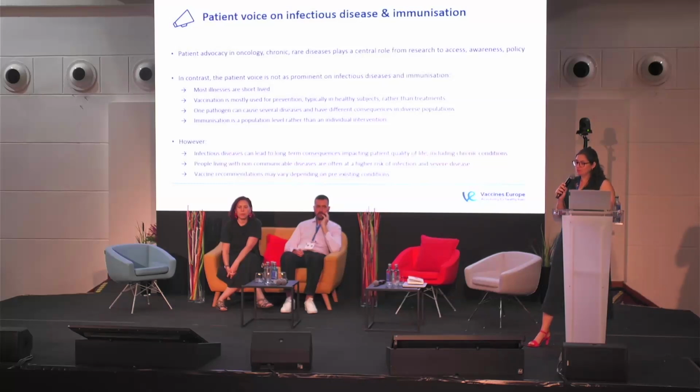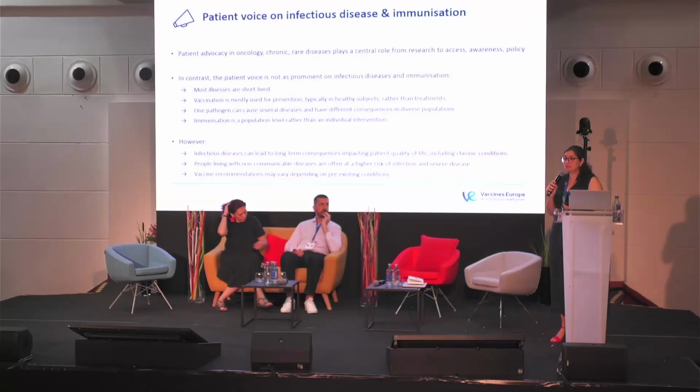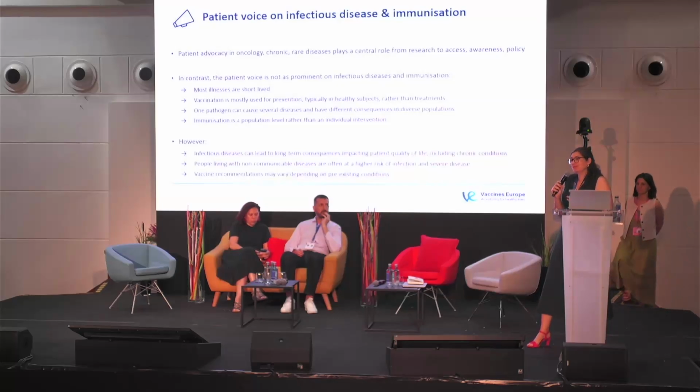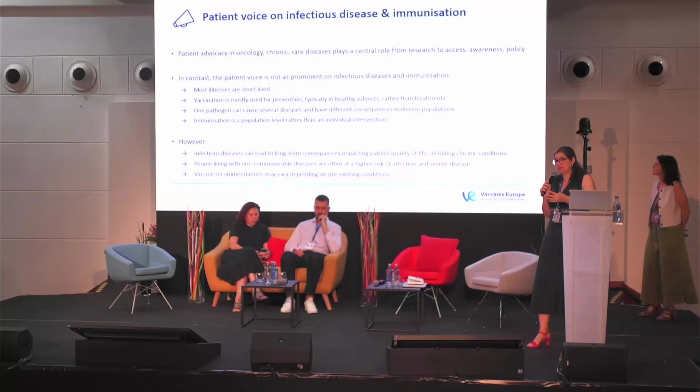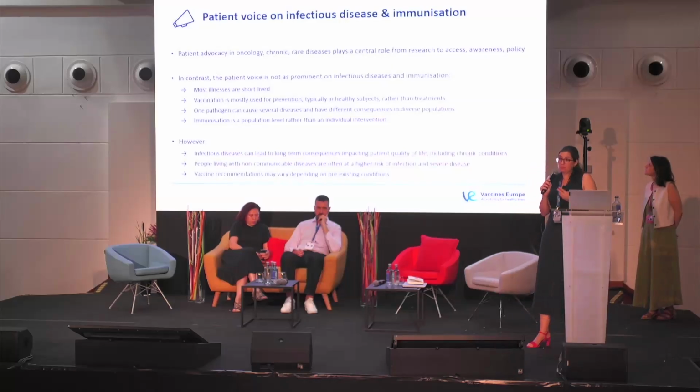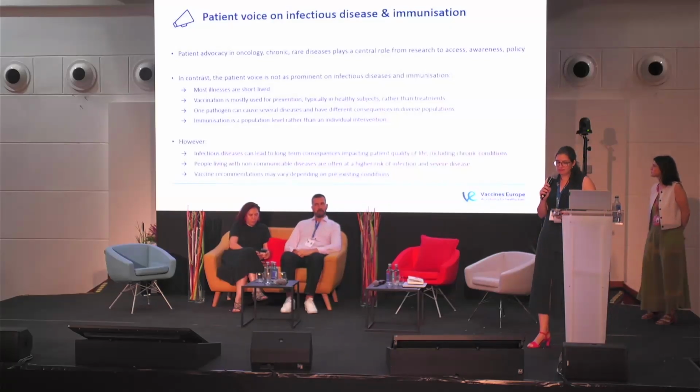And for people who already have diseases or conditions they're living with, they're at higher risk of infection. They tend to have more complications, it can complicate their own disease or the management of their disease and the quality of life. And vaccine recommendations may vary depending on pre-existing conditions.